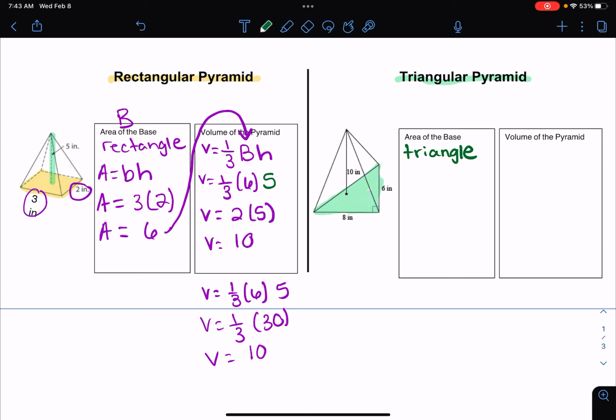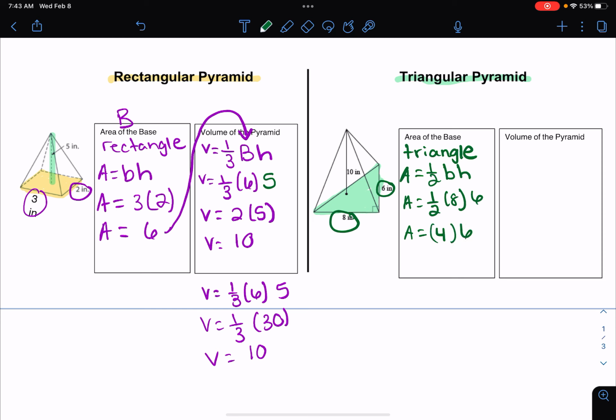We're going to use our formula for area of a triangle, which is, correct, 1/2 base times height. So we're going to plug in the base of our triangle, which is 8, and the height of our triangle, which is 6. Here you can do 1/2 times 8. 1/2 of 8 is 4, correct? So 4 times 6 is 24.